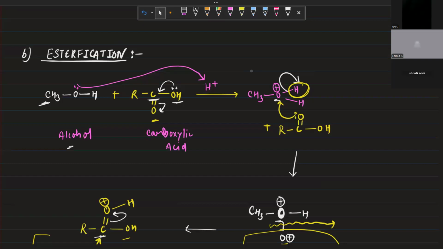Also it does more resonance in general, so it's just more stable. So the alcohol attacks H positive. Okay, great. Then it is converting into an electrophile or nucleophile?